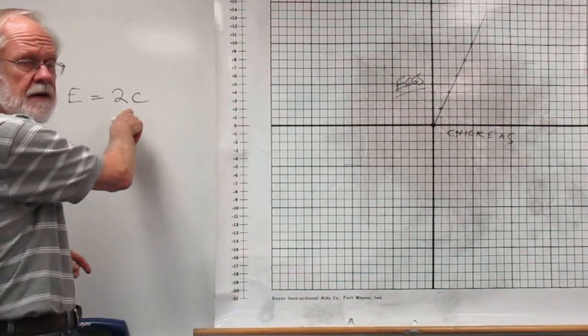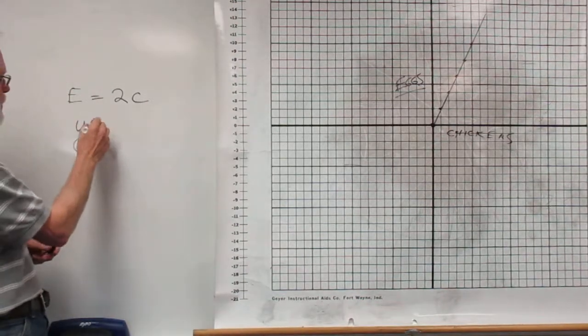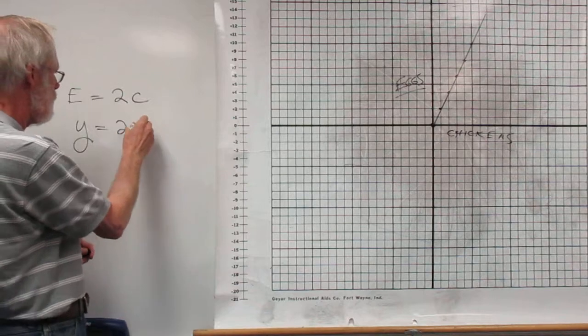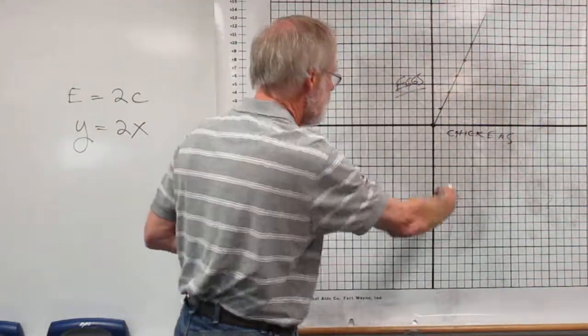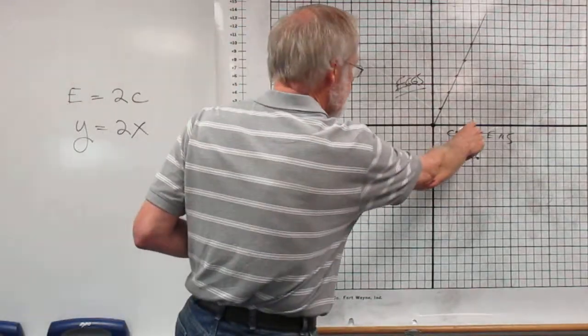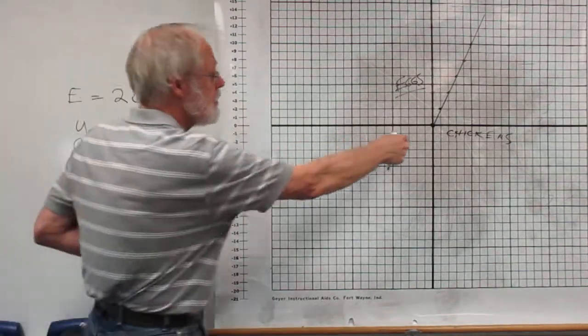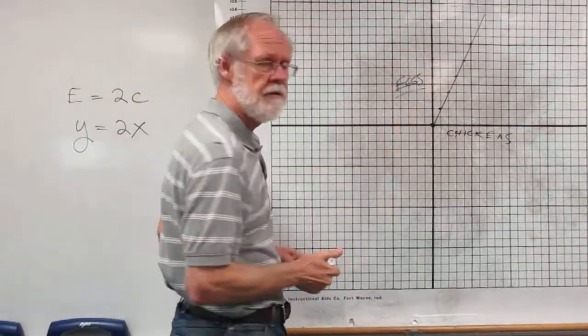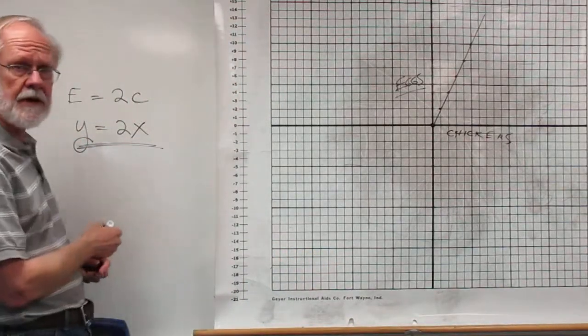Okay, this is the equation for this situation, and I'm actually going to change it now and call it y equals 2x, because this is the x-axis and this is the y-axis. So if I put a number in here for x, like 5, I'm going to find 5 times 2 gives me 10, which is up the y-axis, that's the number of eggs I get. All right, so this describes the relationship.